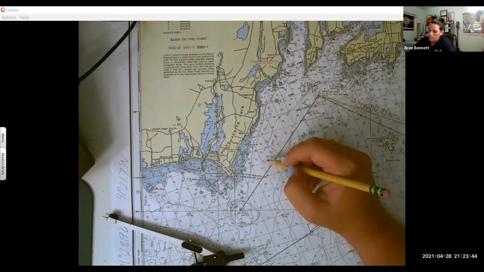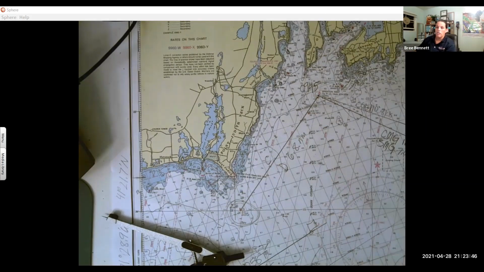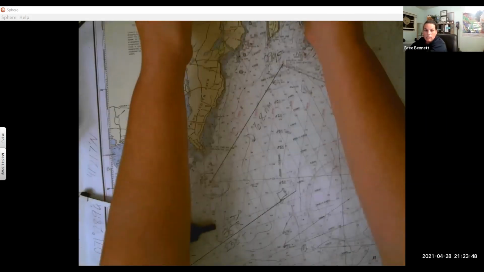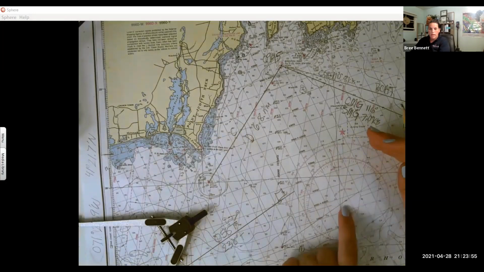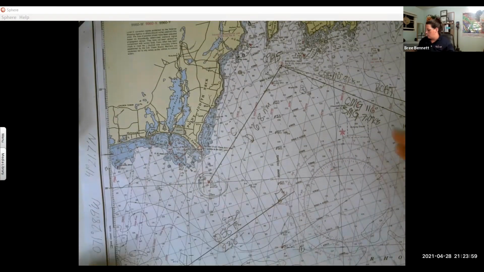Now for course, you can do it 2 ways. You can parallel things, back to your compass rose here, or you can use the triangle. I'm going to do the triangle first.